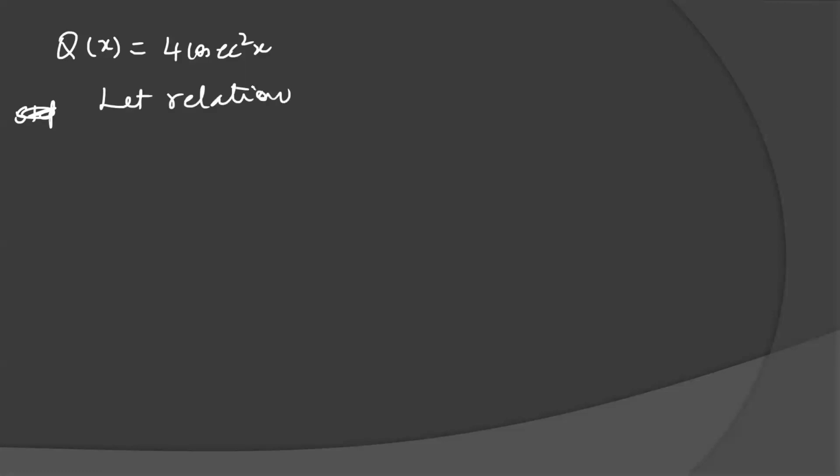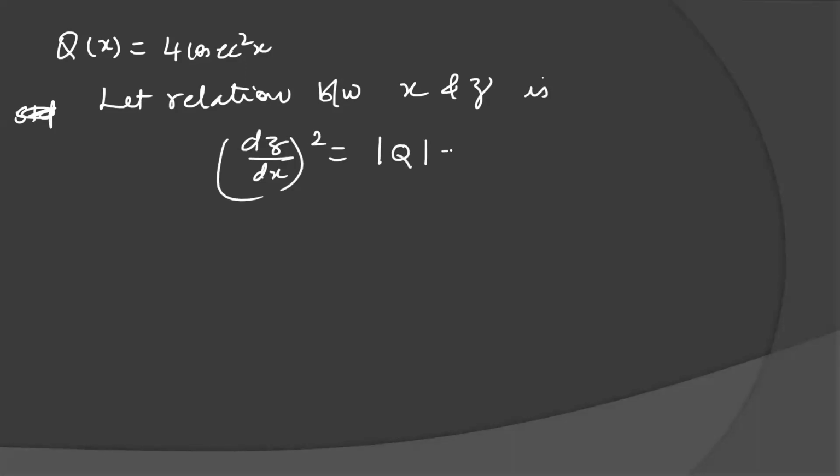For that, we will write the relation between x and z. Firstly, let us identify Q. Q is here 4 cosec square x. Then the step is the relation between x and z: (dz by dx) whole square equals mod of Q. That is already positive, so 4 cosec square x.